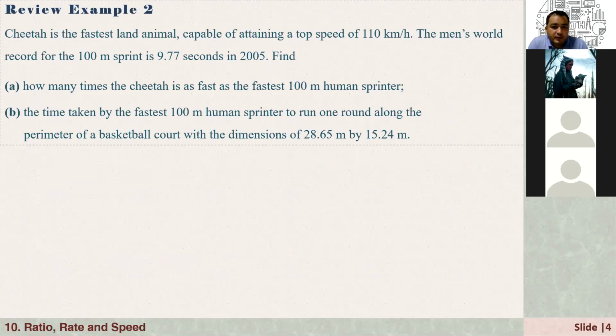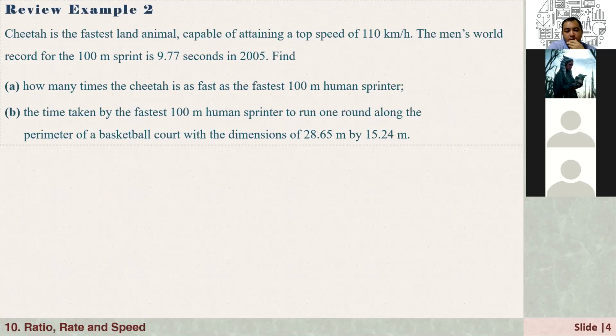İlknur, can you read the question? Yes. Cheetah is the fastest land animal, capable of attaining a top speed of 110 kilometers per hour. The men's world record for the 100 meters sprint is 9.77 seconds in 2005.